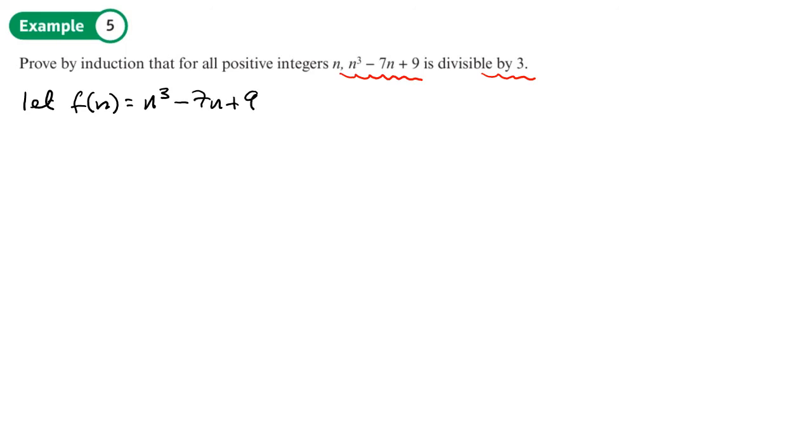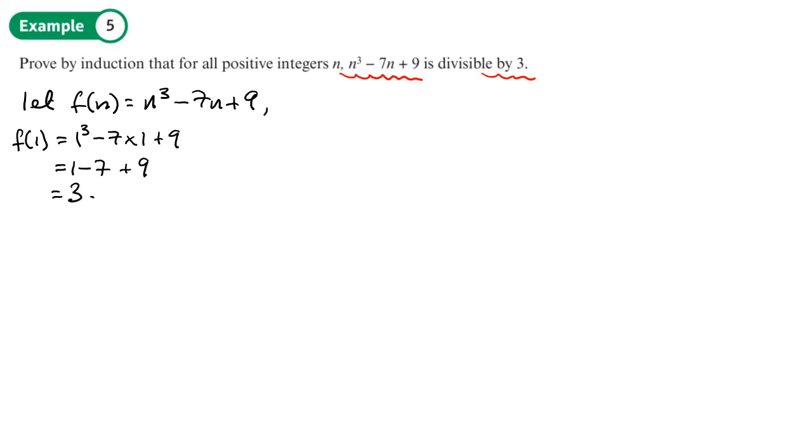Step number 2, which is our basis step. So we don't really need to write down the word basis. We can just say f of 1 equals 1 cubed minus 7 times 1 plus 9. That's going to be 1 minus 7 plus 9, and that gives you 3.